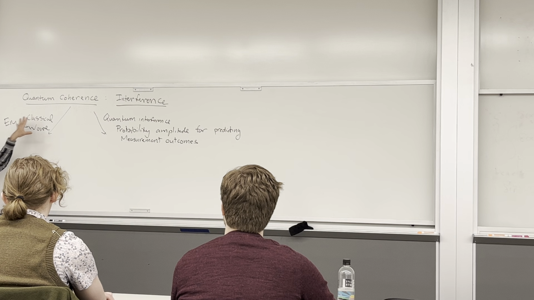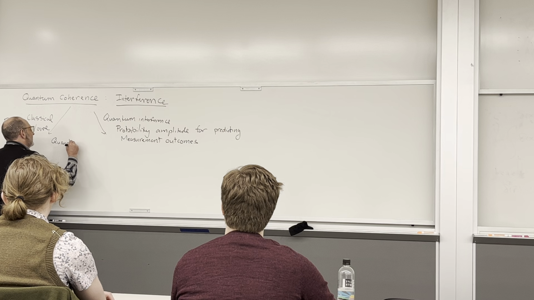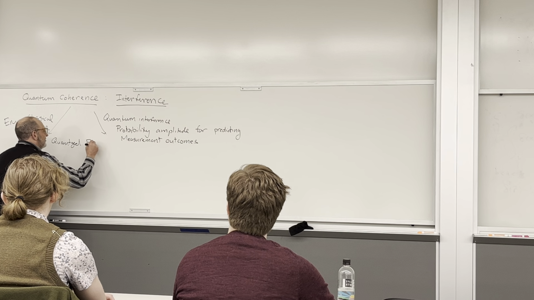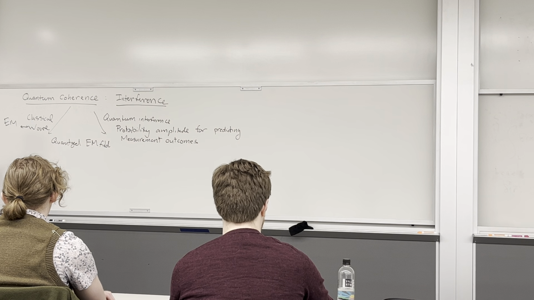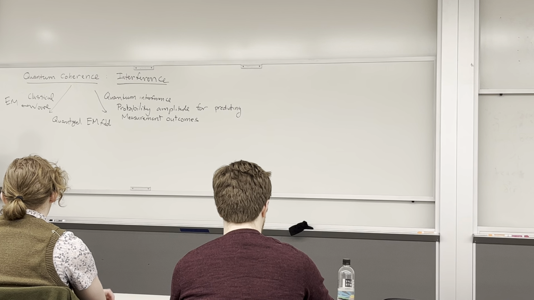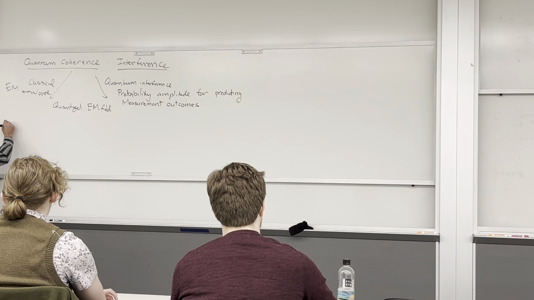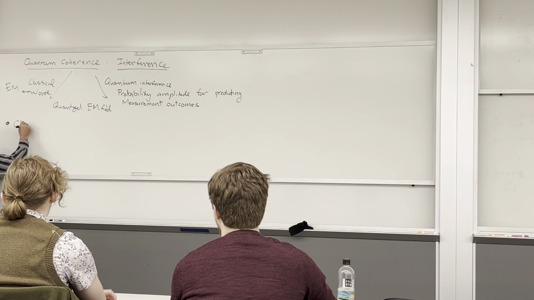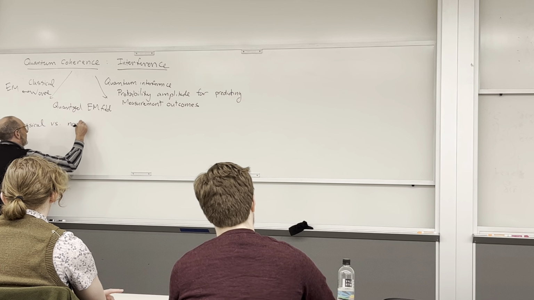Now, these two things come together if we're thinking about quantum optics, when we're thinking about the quantized electromagnetic field, in the following senses, okay? So the things that we're interested in asking ourselves is the notion of classical versus non-classical.